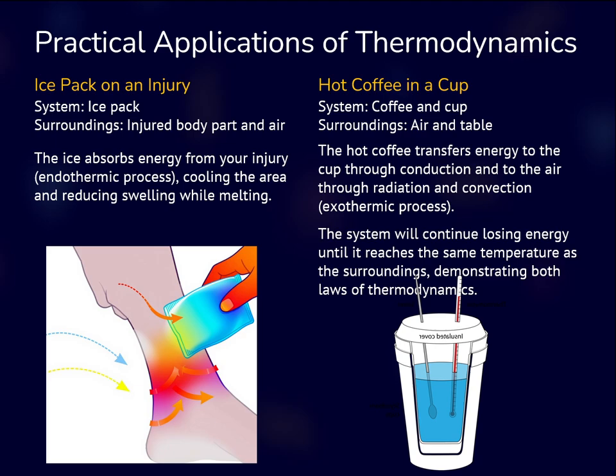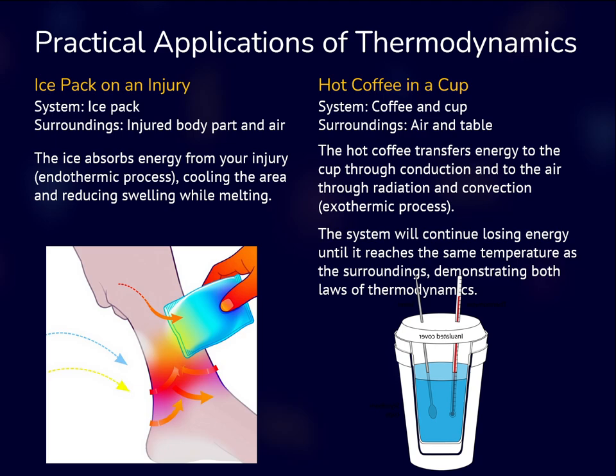That cools your skin, thereby reducing swelling. As the ice melts, it draws heat from your leg or wherever you're injured. The total amount of energy in the universe remains the same, but the energy has moved from the surroundings to the system.